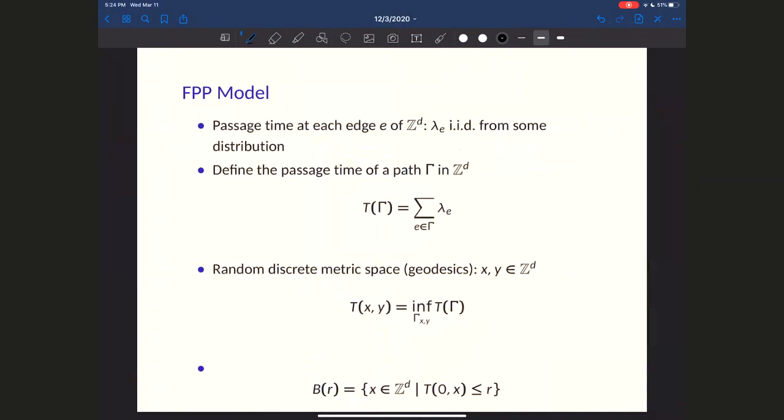Now, whenever you choose a radius, and I want to emphasize that I'm using r instead of t for time, and this is important, we define the ball of radius r to be all the vertices that are at distance less than or equal to r from the origin.